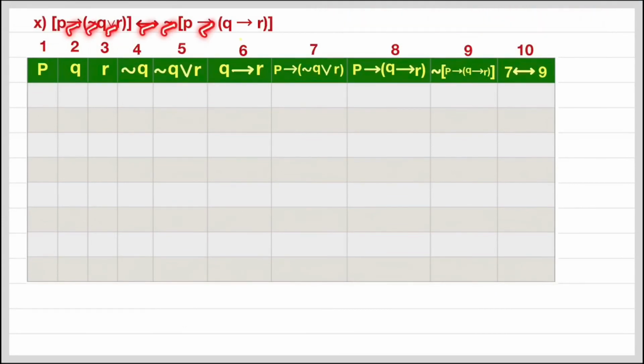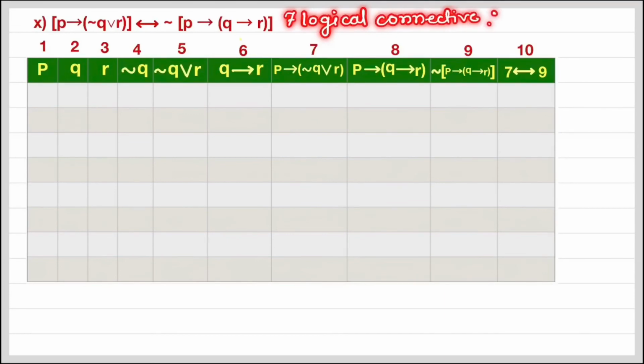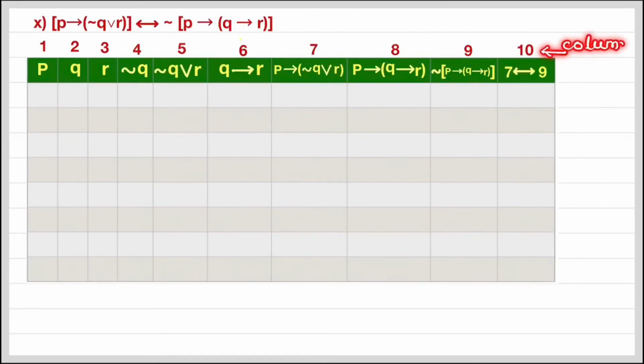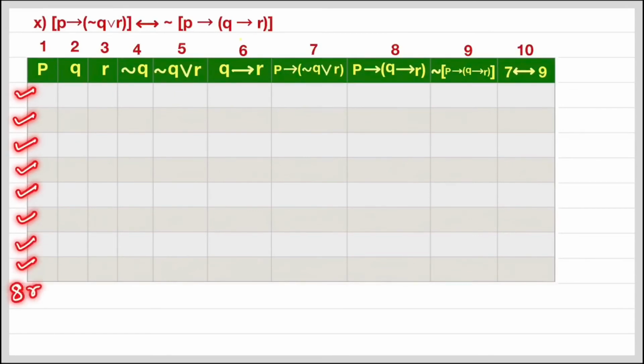And logical connectives. There are 7 logical connectives. Therefore, 7 plus 3 is equal to 10 columns. These are the 10 columns and 8 rows.